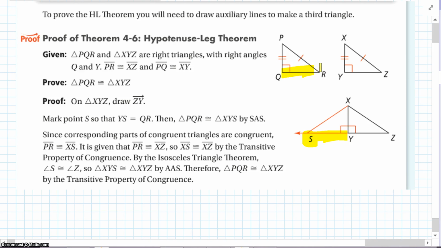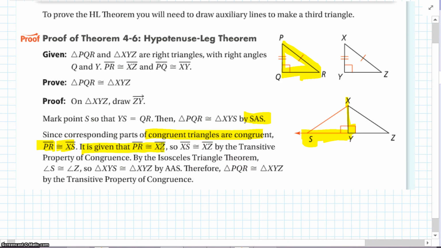Okay? And then triangle PQR is congruent to triangle XYS by side-angle-side. Since corresponding parts of congruent triangles are congruent, PR is congruent to XS.